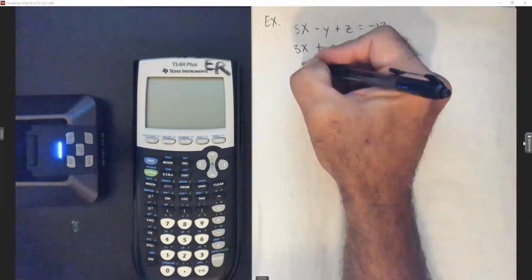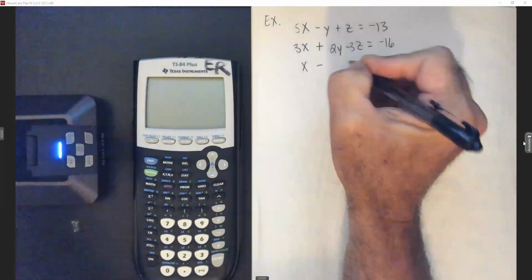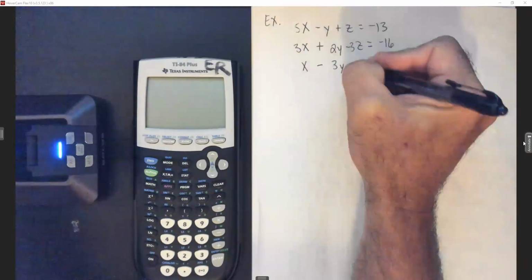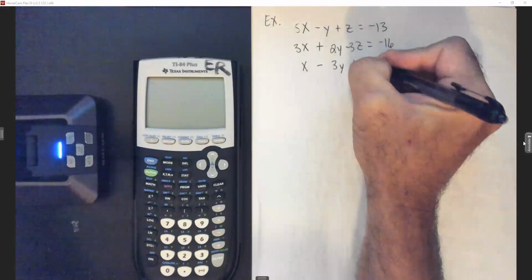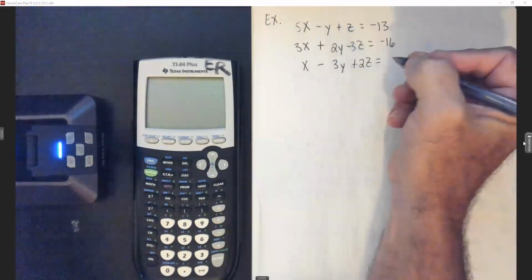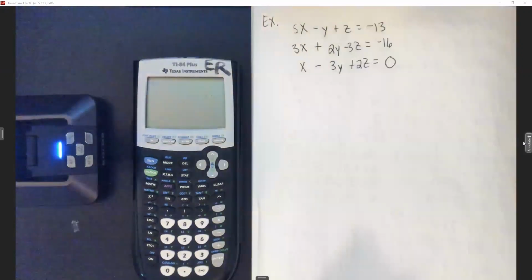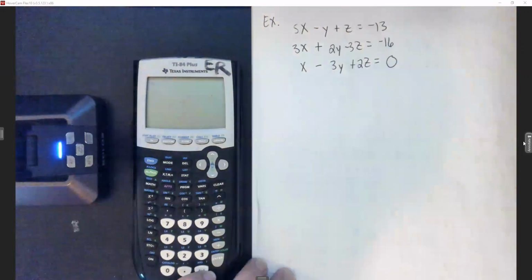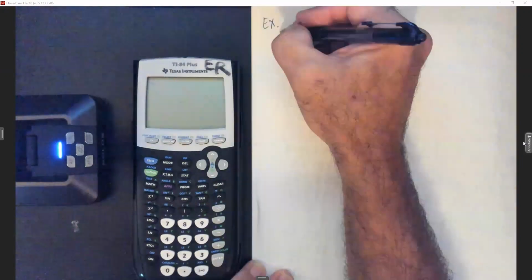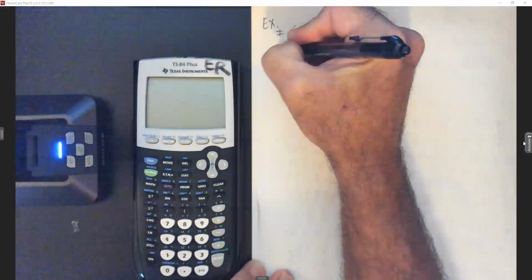And then x minus 3y plus 2z is going to equal 0. So let me call these 1, 2, and 3 again.